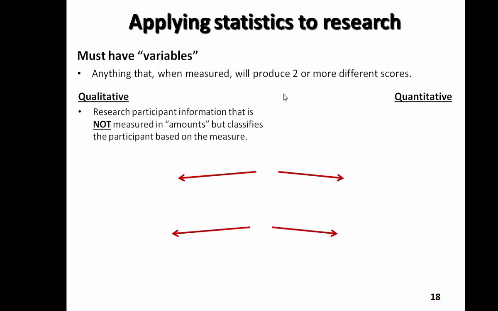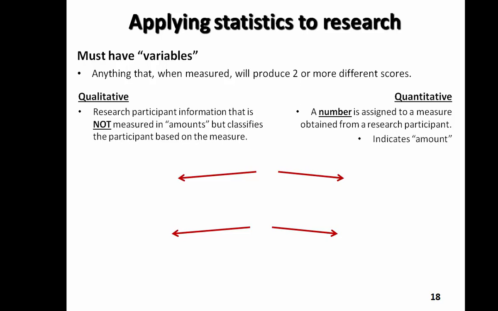Or the measure can be quantitative in nature, in which a numerical value is assigned to the measurement obtained from the participant. And this indicates a relative amount or magnitude of that measurement.